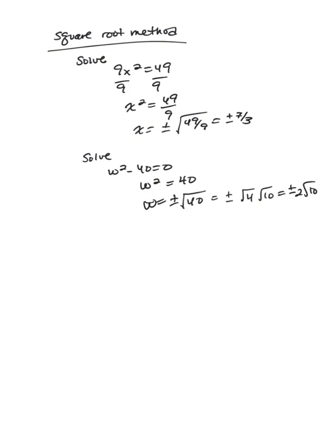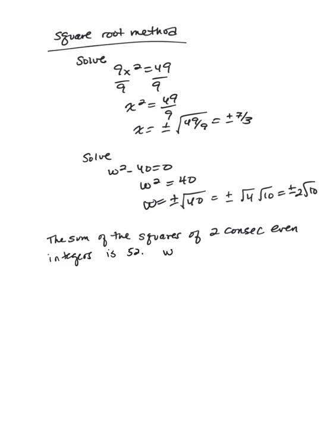Be prepared to have to solve word problems. Okay, like for instance, here's a word problem. The sum of the squares of 2 consecutive even integers is 52. What are the integers?